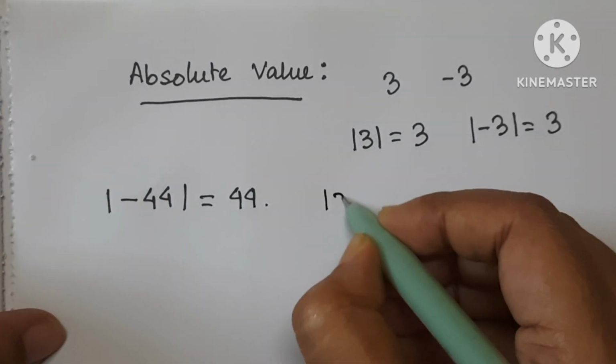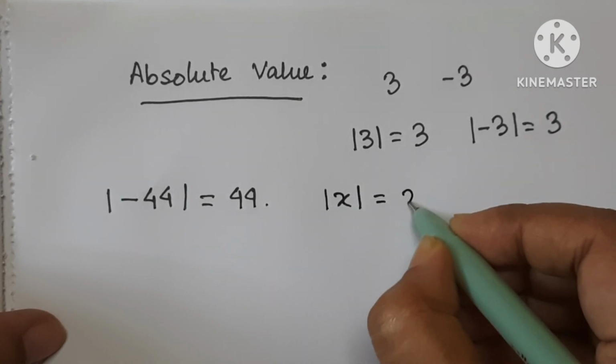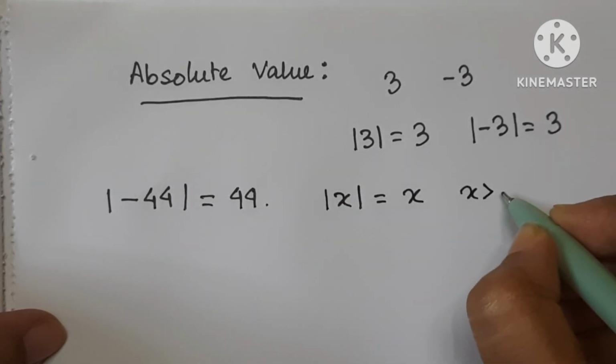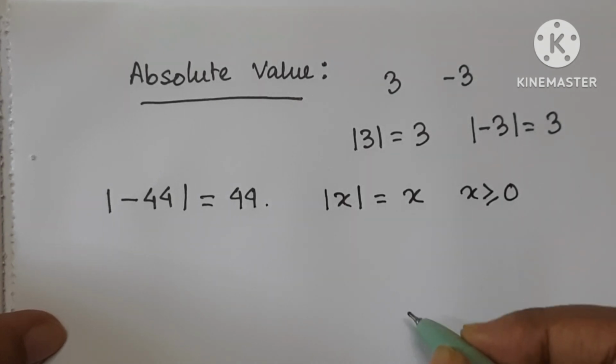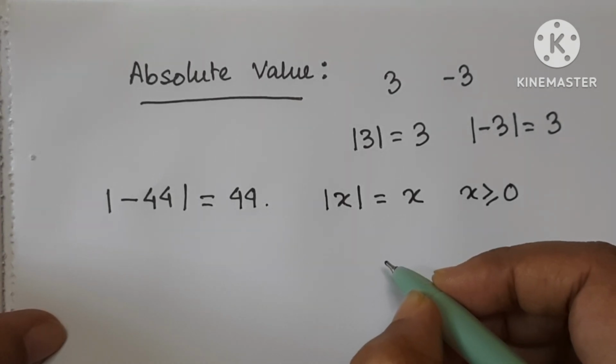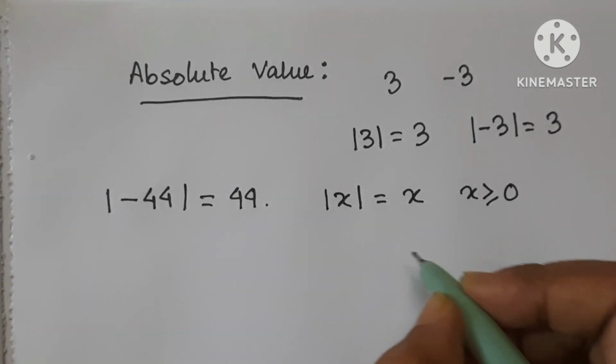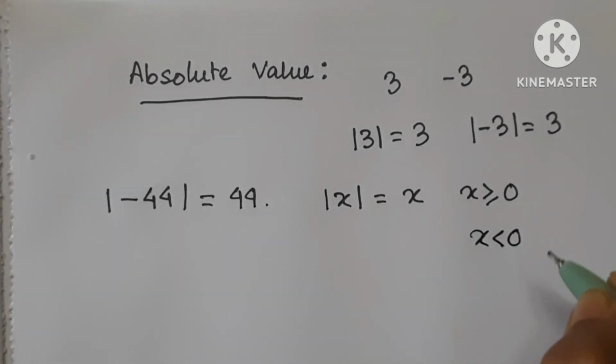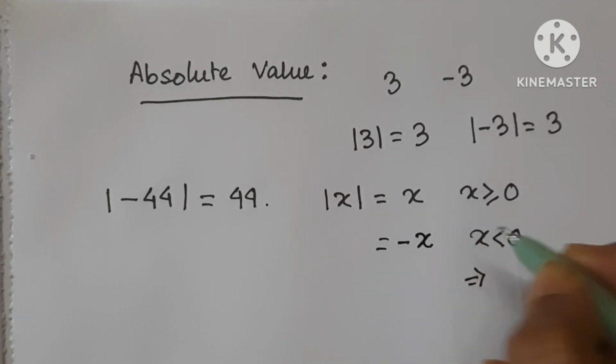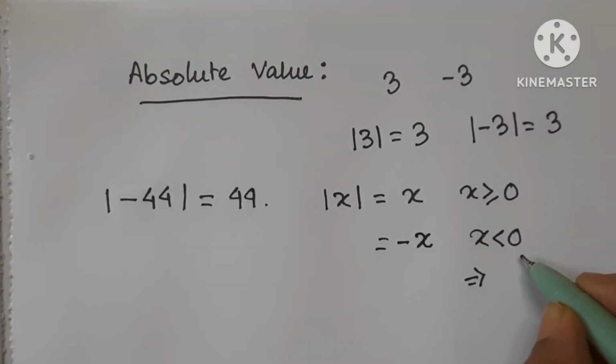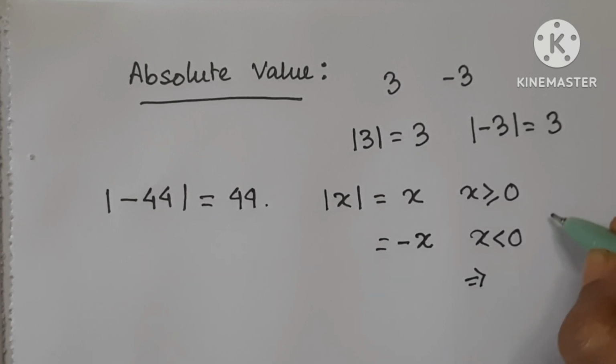Now mod of x equals x when x is greater than or equal to 0, and if it is a negative number, what happens? If x is less than 0, it is minus x. Here x less than 0 means we are considering all the negative numbers, and that holds for all x belongs to R. Clear?